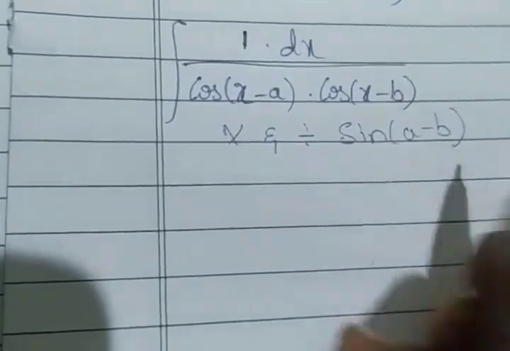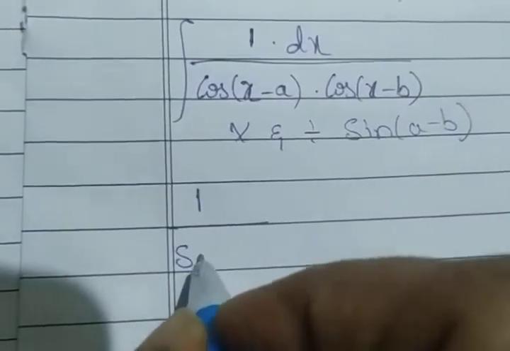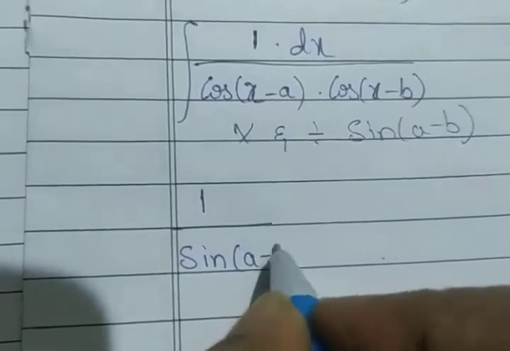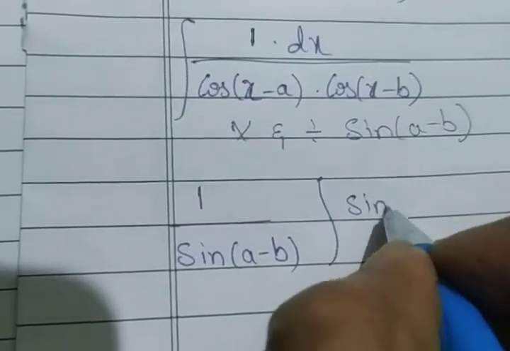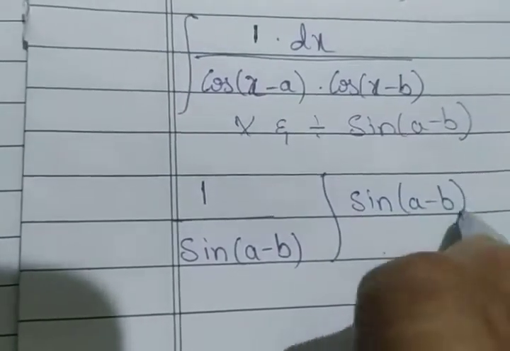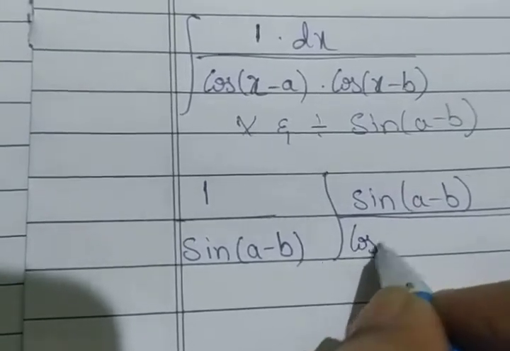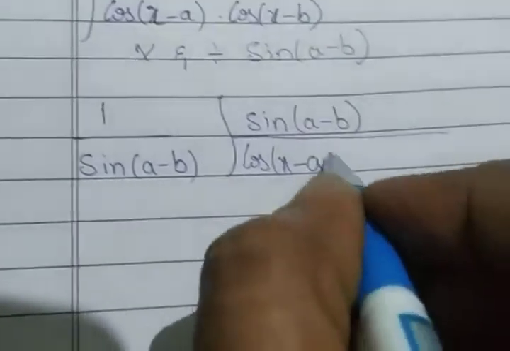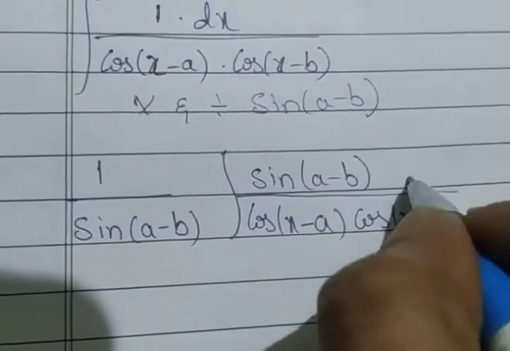This is a start point. 1 by sin a minus b integral of sin a minus b divided by cos x minus a into cos x minus b dx.